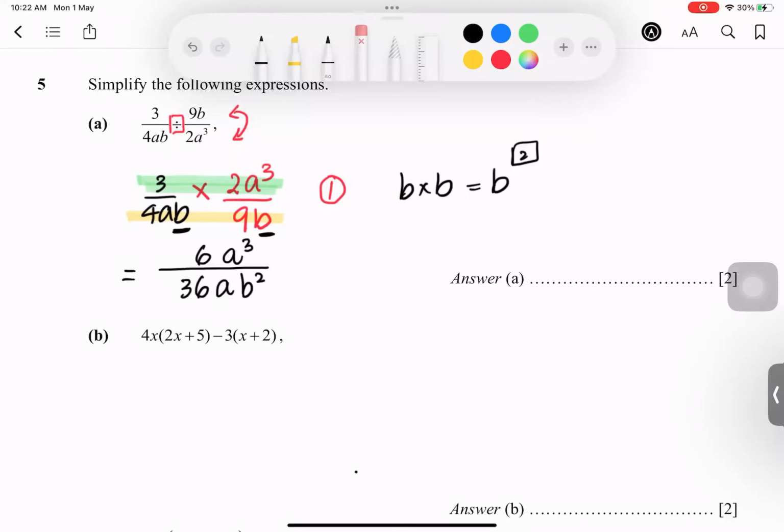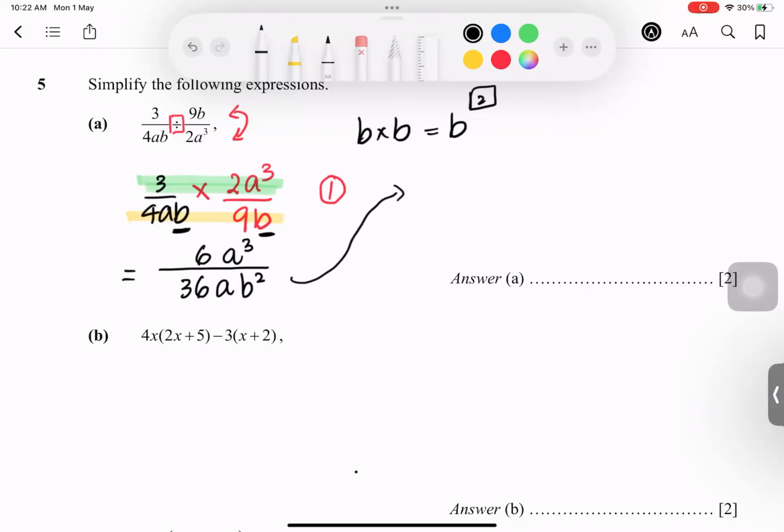But this is not your final answer. We have to cancel and simplify. So I have 6a cubed over 36ab squared. The numbers 6 and 36 can simplify. 6 divided by 36 is 1 over 6. So our answer will have 1 over 6.